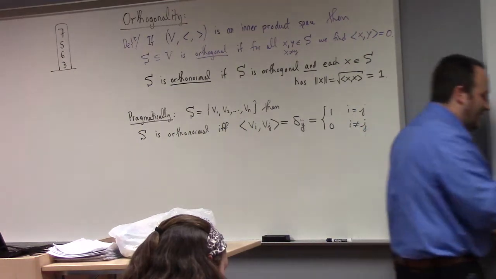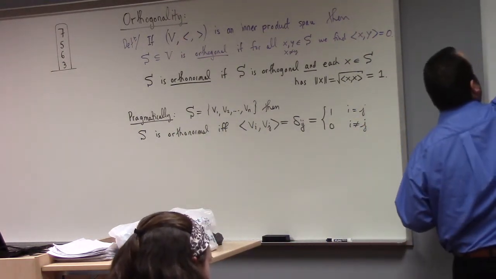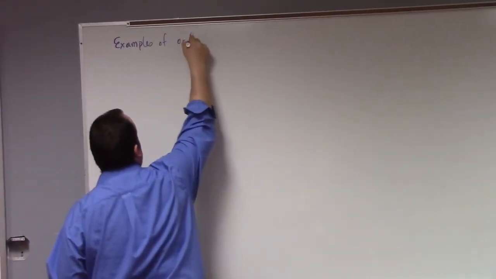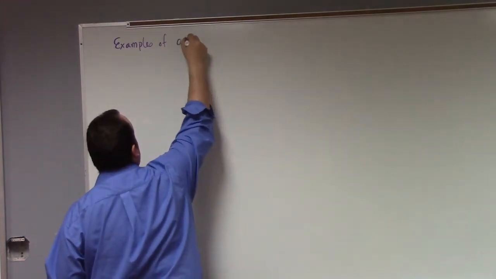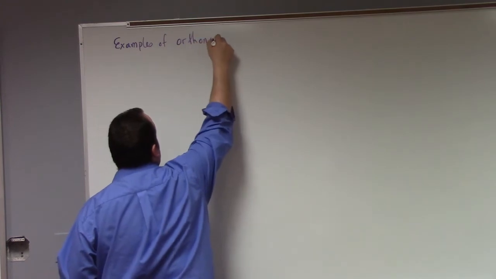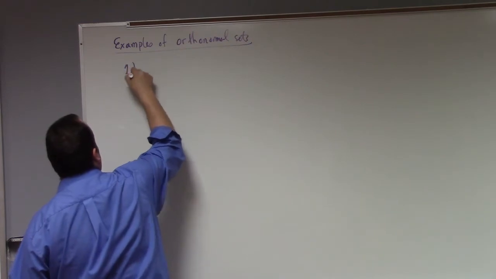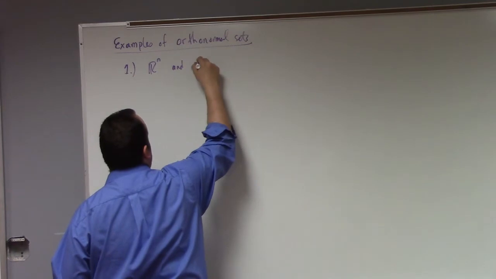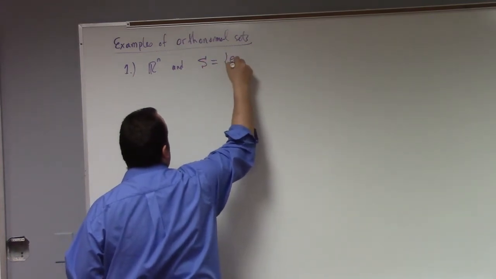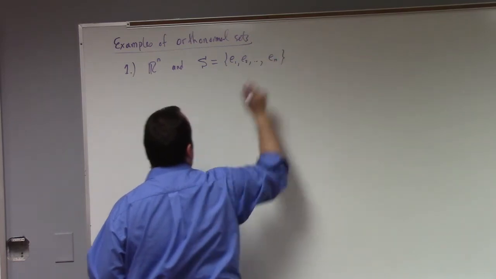So before I get into any general theoretical this and that, let me just give some examples of orthonormal sets. How about Rn and S equal to e1, e2, through en, right?